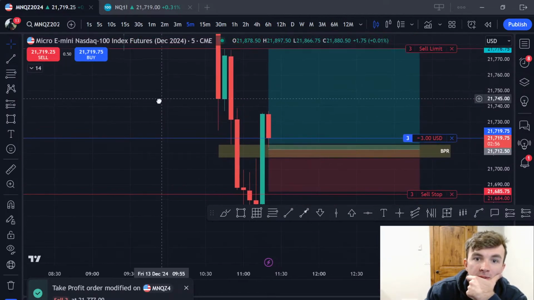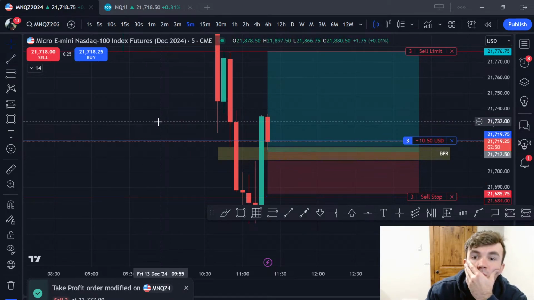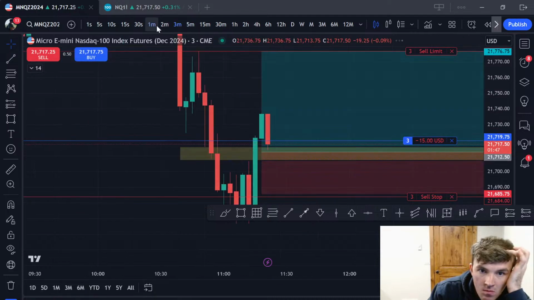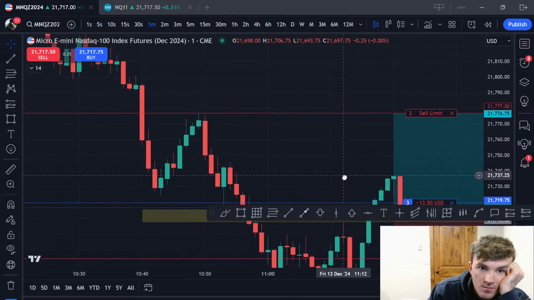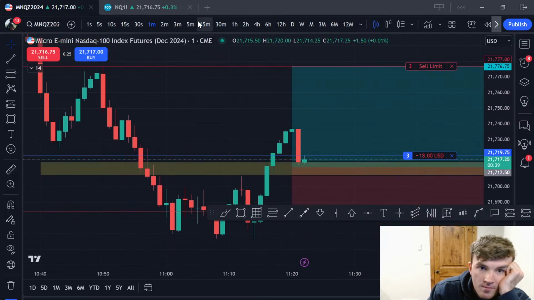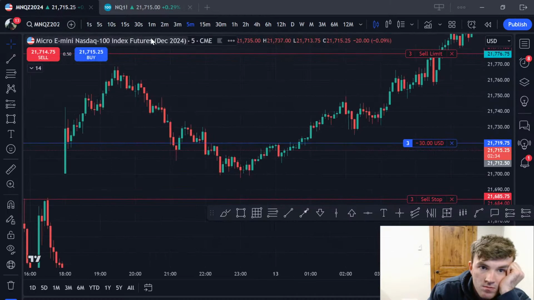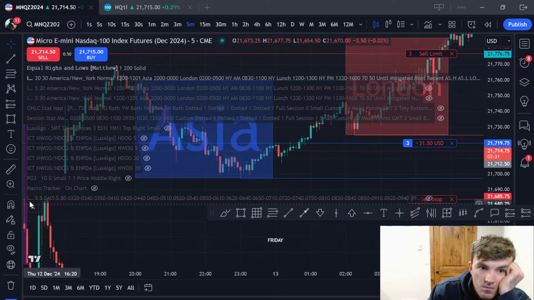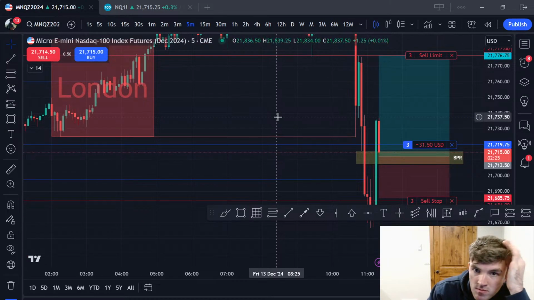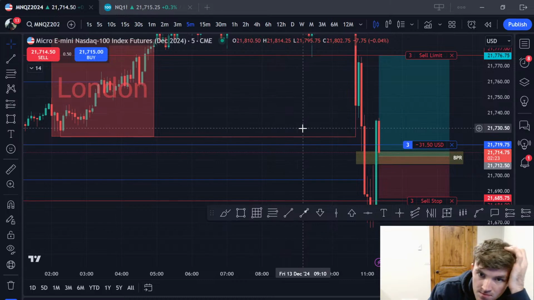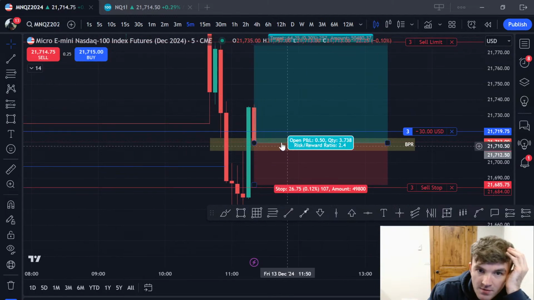I think this is pretty high probability. We swept London Asia's lows as well, delivering from the CE of the New Day opening gap. So I think it's a pretty strong trade. I even waited for this BPR to get hit, so.